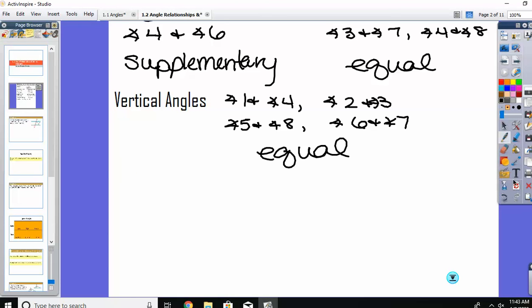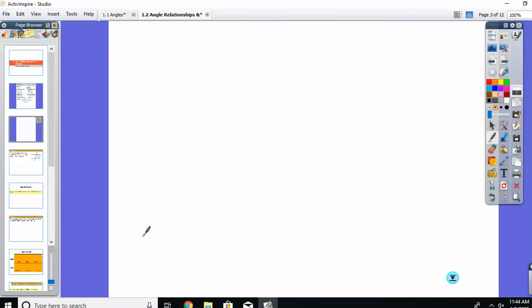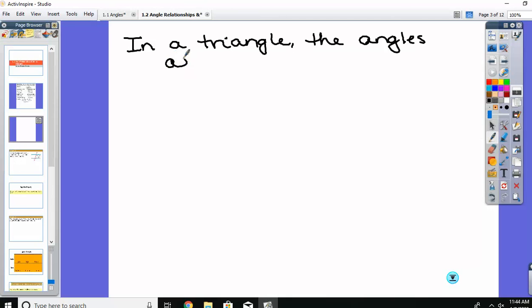I'm going to use today to get through the notes portion, and then we'll save examples for tomorrow. So I want to get down a few things about triangles before we move on. In a triangle, what do the angles add up to? 180 degrees.